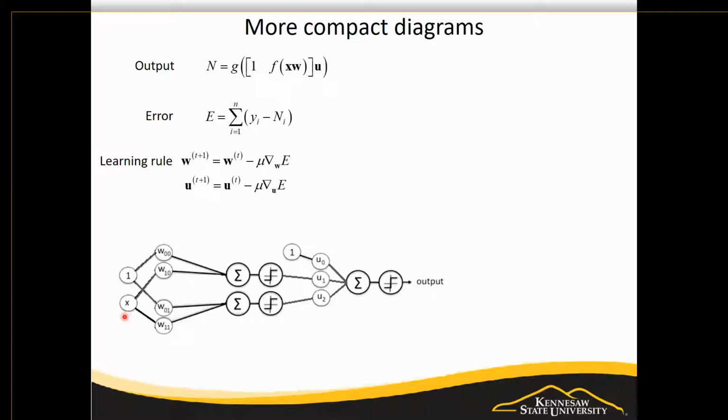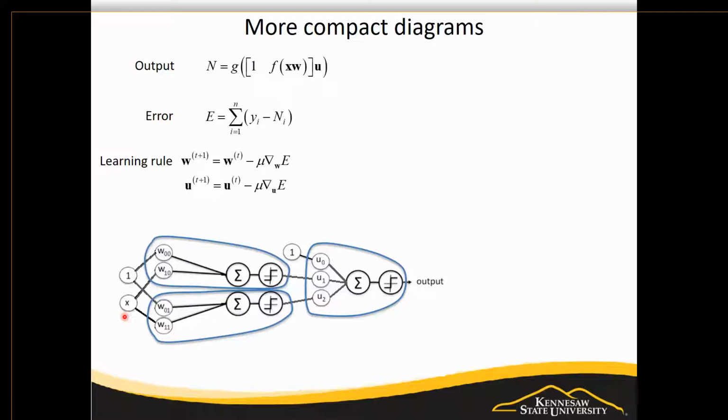pretty dang complicated. So one of the things we'll do is compact these diagrams by identifying the parts that are for one node, or neuron, which is derived from this idea of what's going on in our head. We say the weights are associated with each of the inputs.